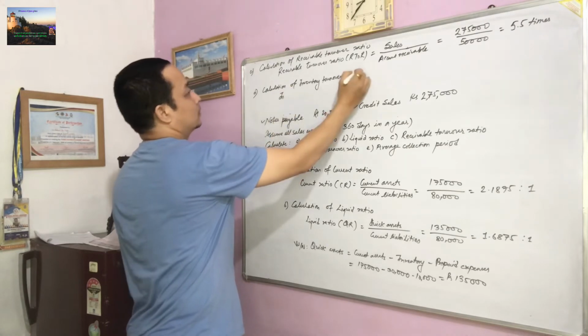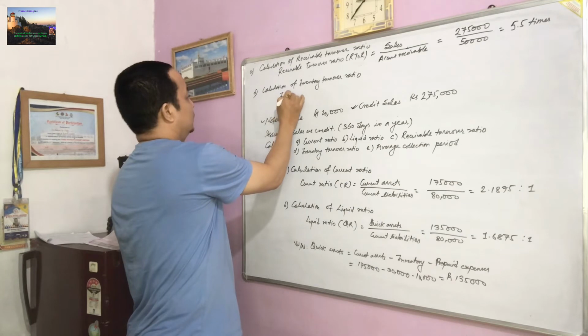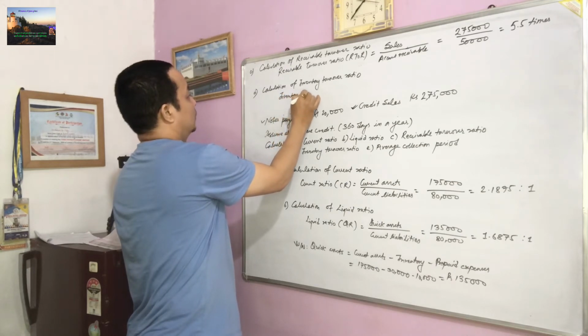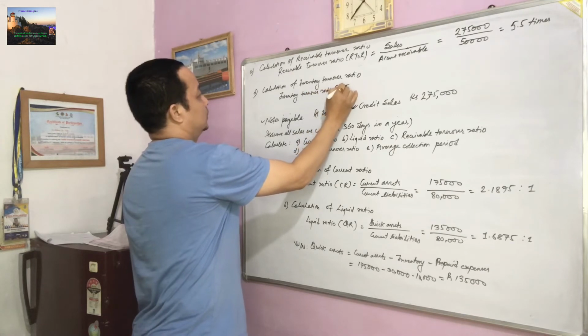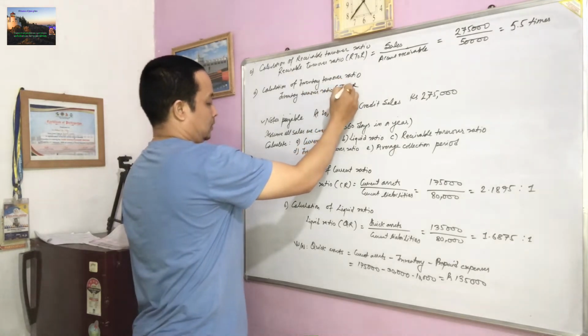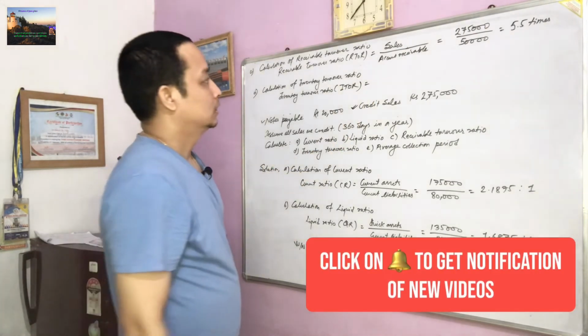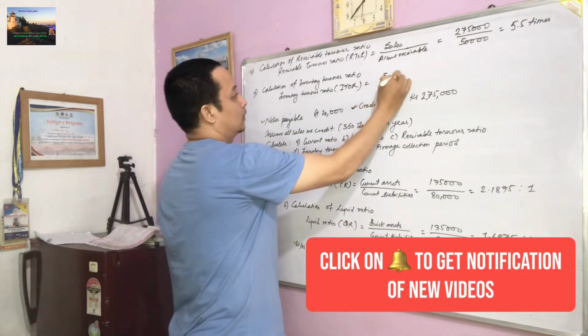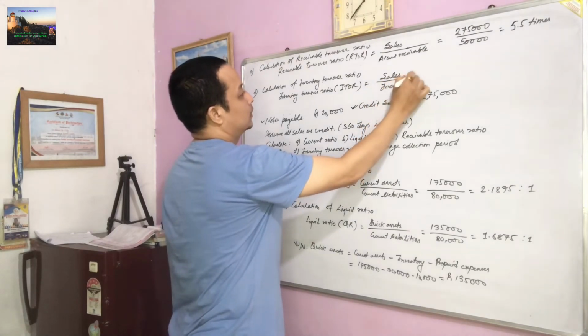So inventory turnover ratio you can write ITOR. Here inventory turnover equals sales upon inventory.